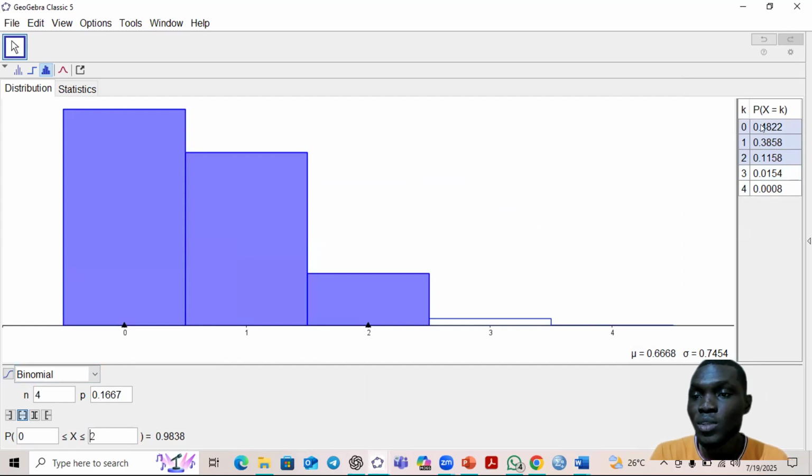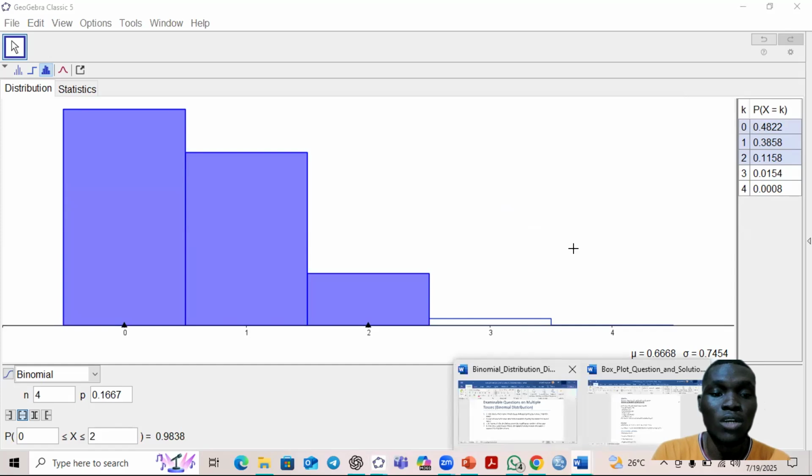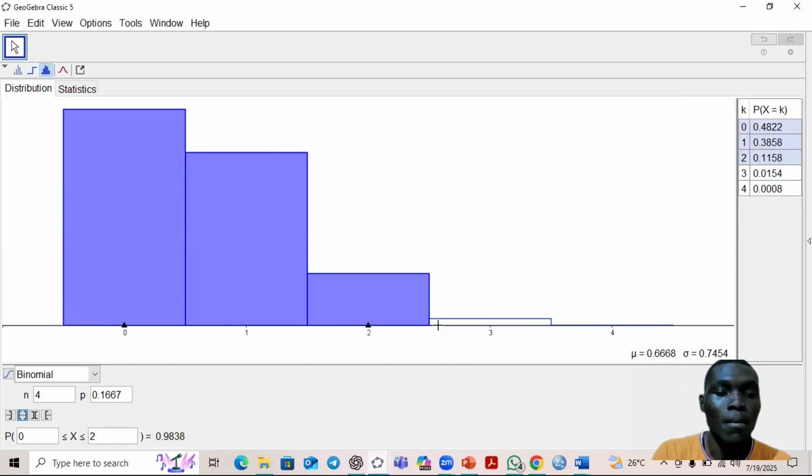You can see that GeoGebra allows us to easily sum the possibilities where it will not happen, where it will happen 1 time, and then where it will happen 2 times. So this is basically how you can use GeoGebra to understand the concept of binomial distribution.